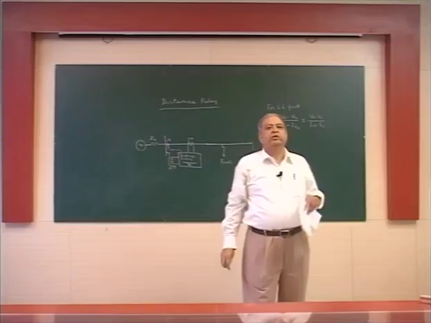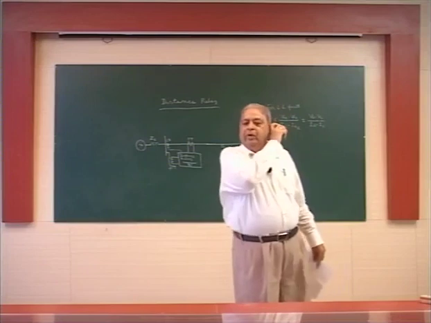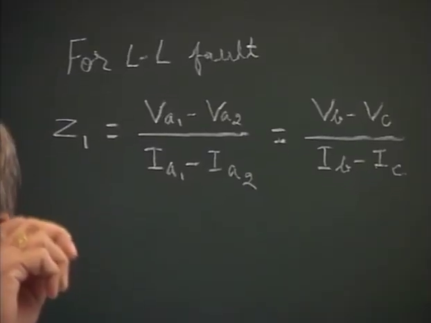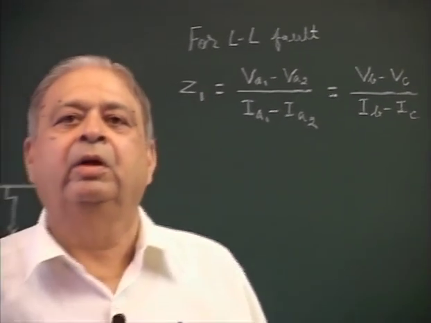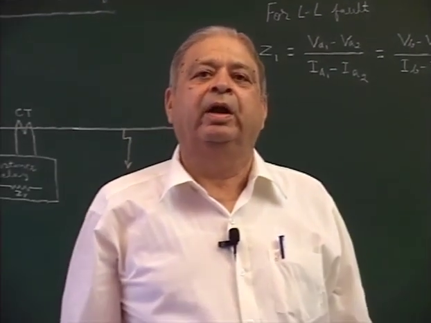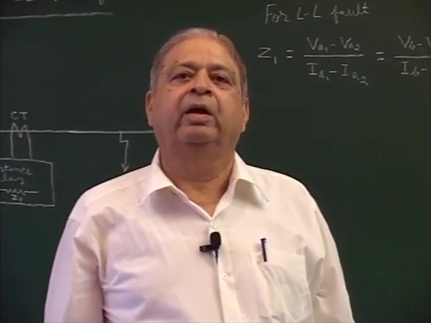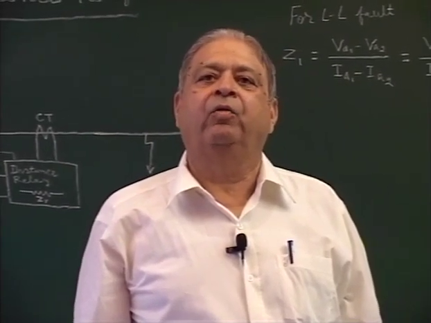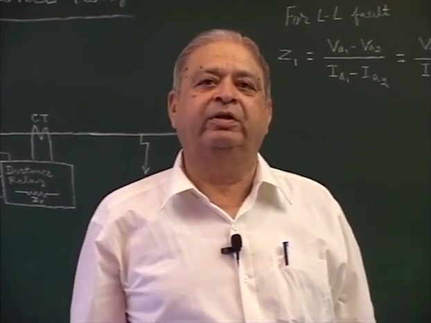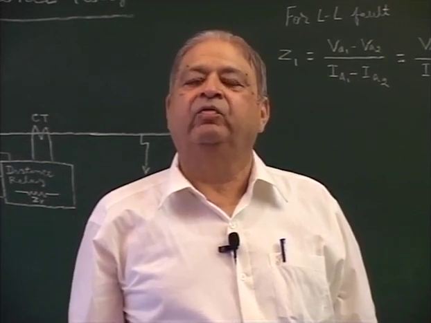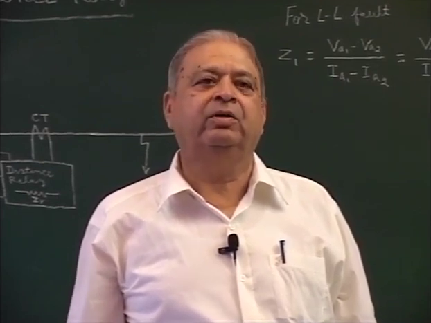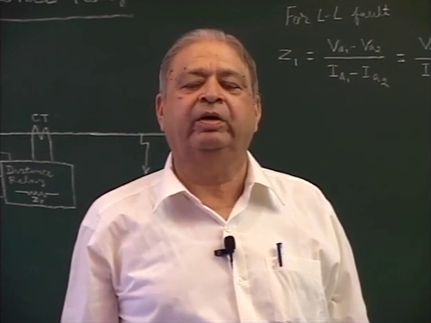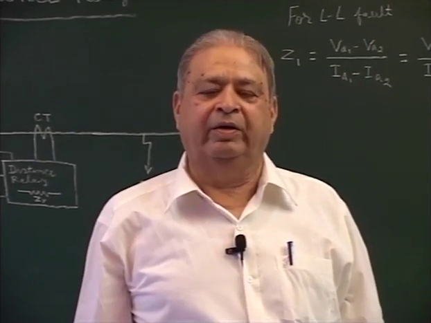On a three-phase system, we take the difference of voltage between phase B and phase C, divide it by difference of current of phase B and phase C. That is, we connect the secondaries of the potential transformer in star connection.